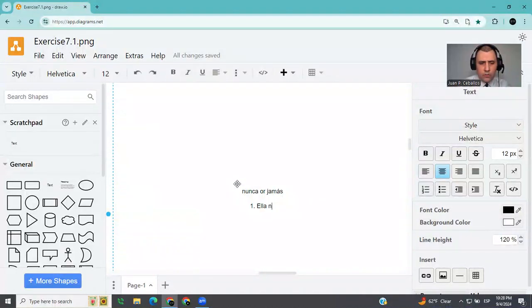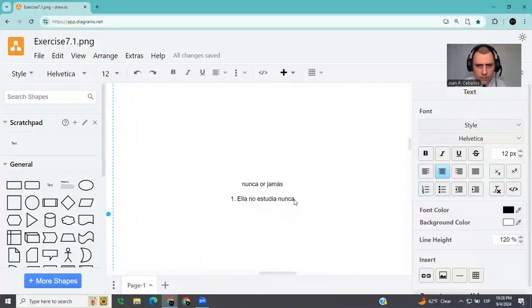Ella no estudia nunca. That's one. A second way to do this is to place the negative before the verb. If you place it after the verb, you have to use double negative. You place it before the verb, you only have to use one.